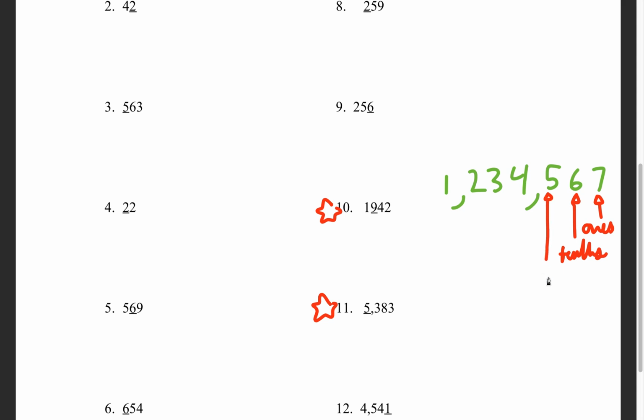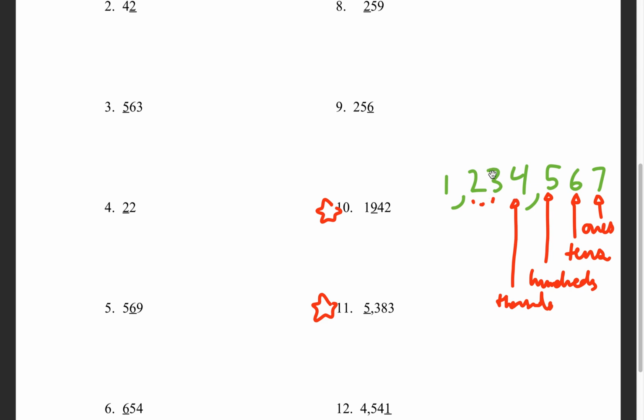This one is the hundreds place. Notice that it ends with an S. This should be tens. And then this is going to be thousands. This is when there's 3 digits behind it. And this basically kind of repeats.